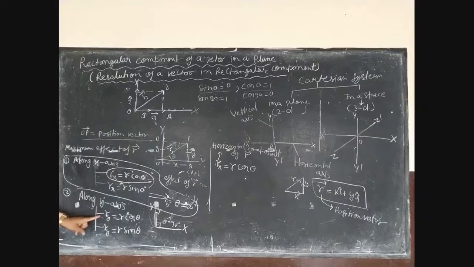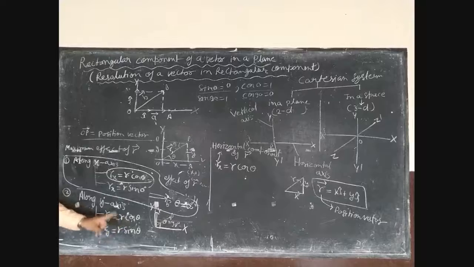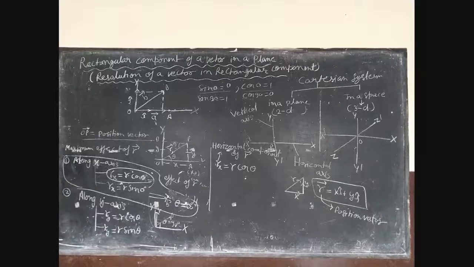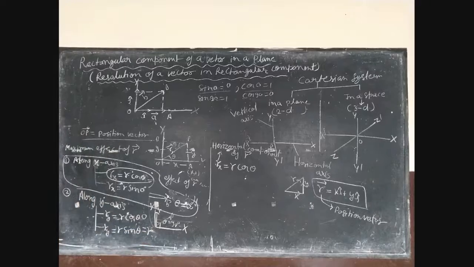Similarly, Ry is R sin theta or R cos theta, where you get the value along the y-axis when you are using sin. So this will be 0 and this will be R. Clear?